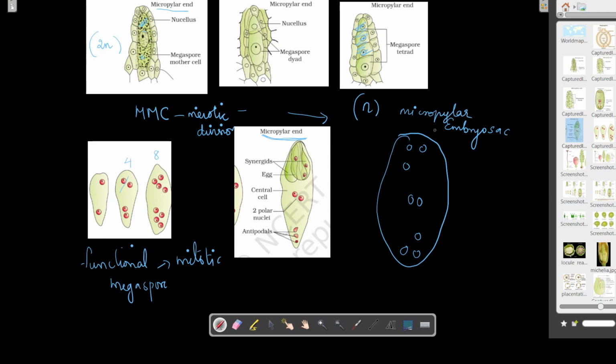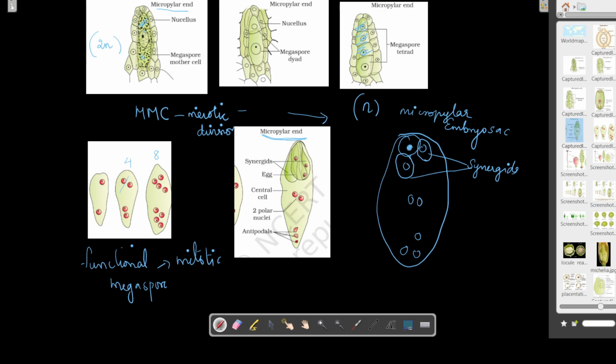The nuclei at the micropylar end will develop cytoplasm around them, and out of the 3, 2 will develop as cells called synergids, and one will form the egg.